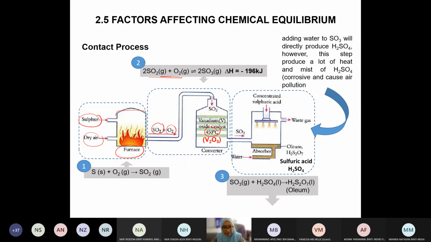Why 450 degrees Celsius? Because again, we have to consider the efficiency of the catalyst. It's not necessarily that if you put a catalyst, it will react.